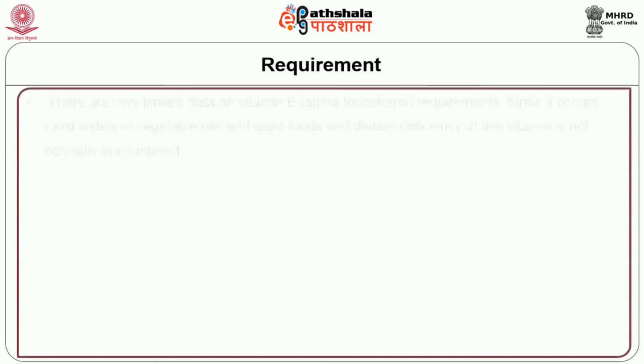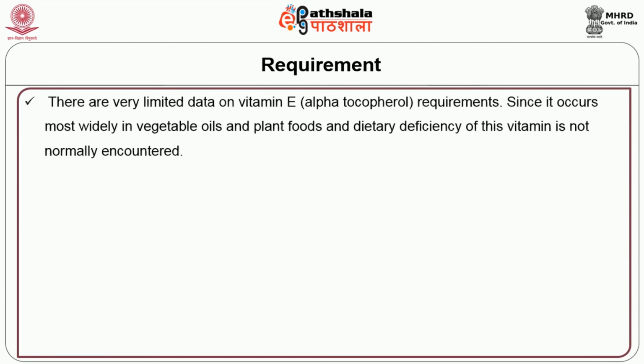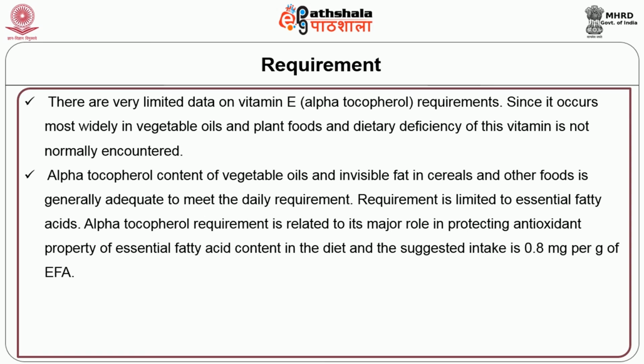Requirement. There are very limited data on vitamin E requirements since it occurs most widely in vegetable oils and plant foods, and dietary deficiency of this vitamin is not normally encountered. Alpha tocopherol content of vegetable oils and invisible fat in cereals and other foods is generally adequate to meet the daily requirement. Requirement is linked to essential fatty acids.